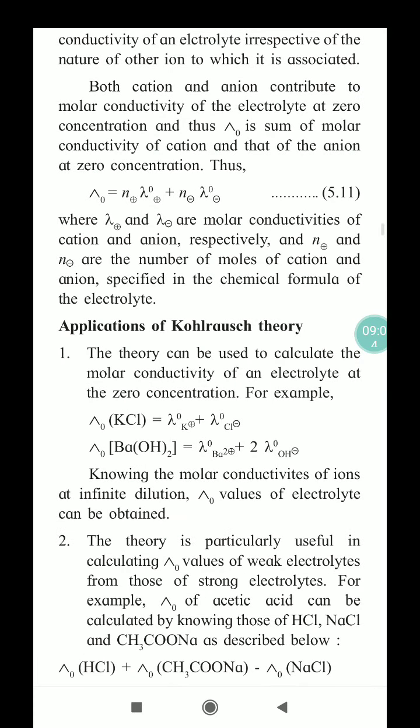Here is the application of Kohlrausch law. It is used to calculate the molar conductivity of an electrolyte at 0 concentration, which means if it is absent, then the molar conductivity at 0 concentration can be calculated.